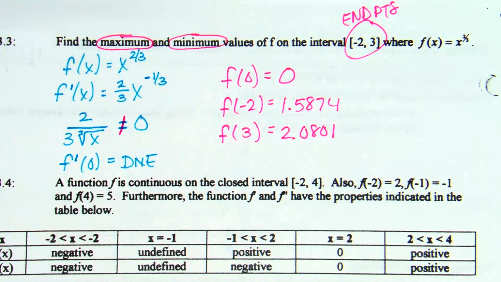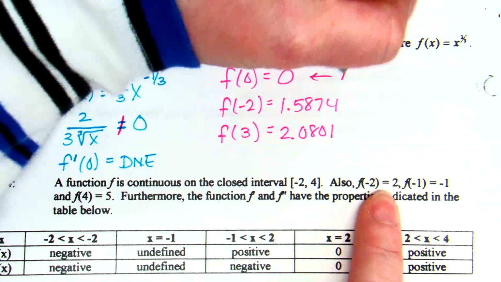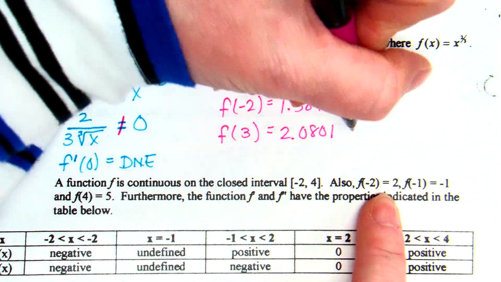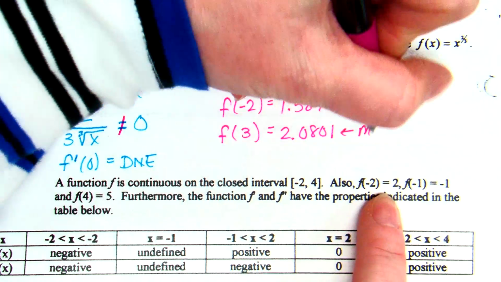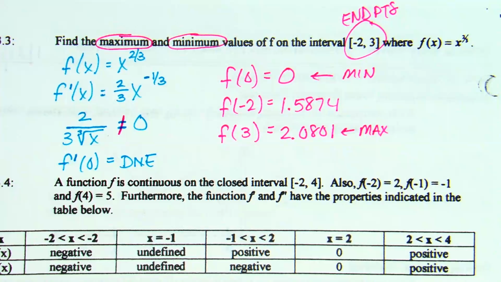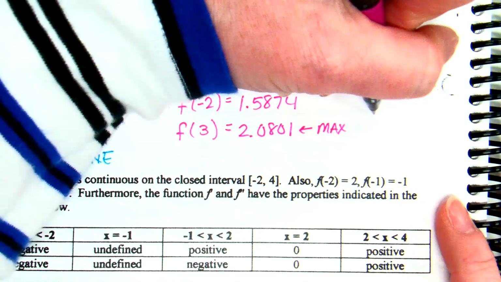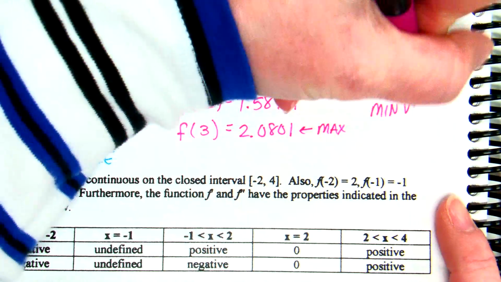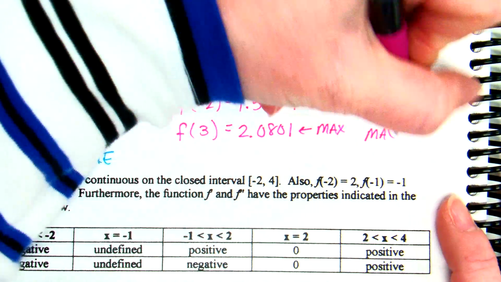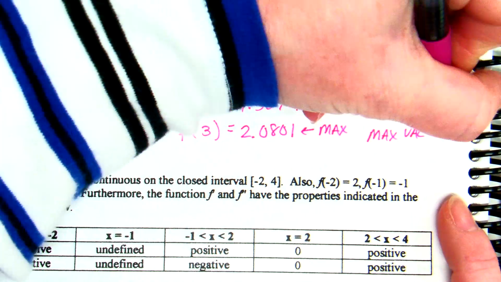Where's my min? At 0. Where's my max? 2.08. The max is that 2.0801 number, and it's happening at 3. What was the question? Find the max and min values. So, min value is 0. Max value is that 2.0801 number.